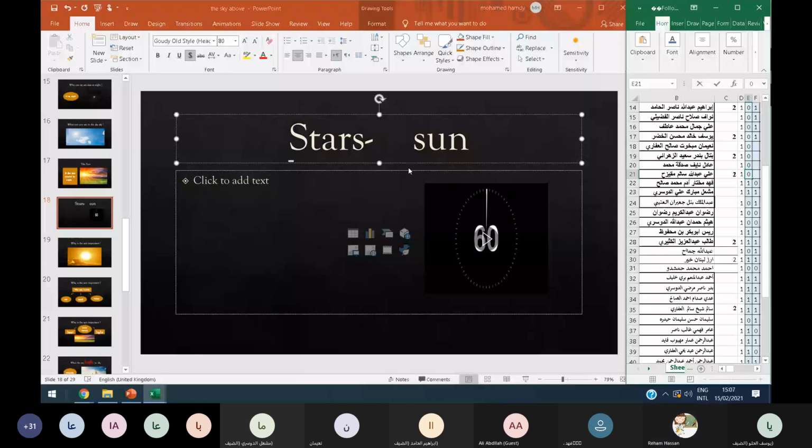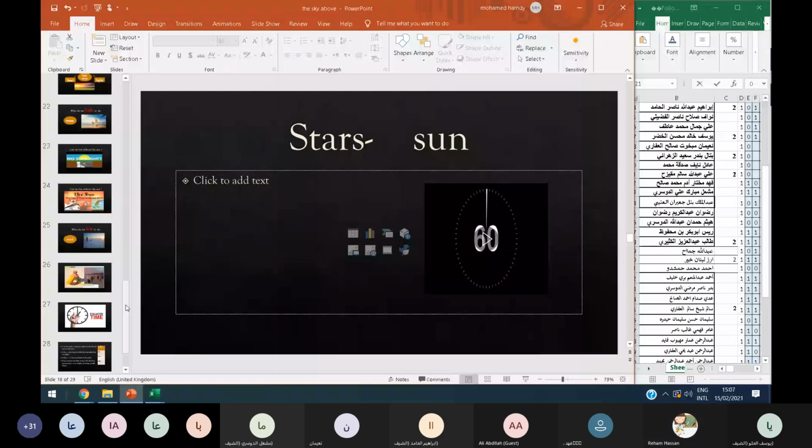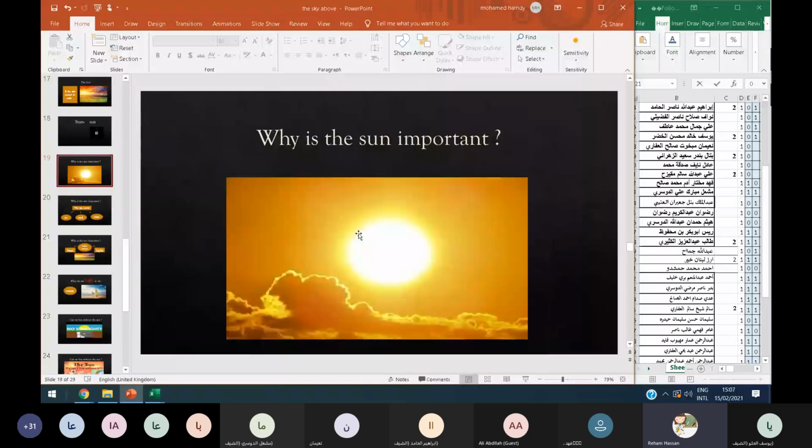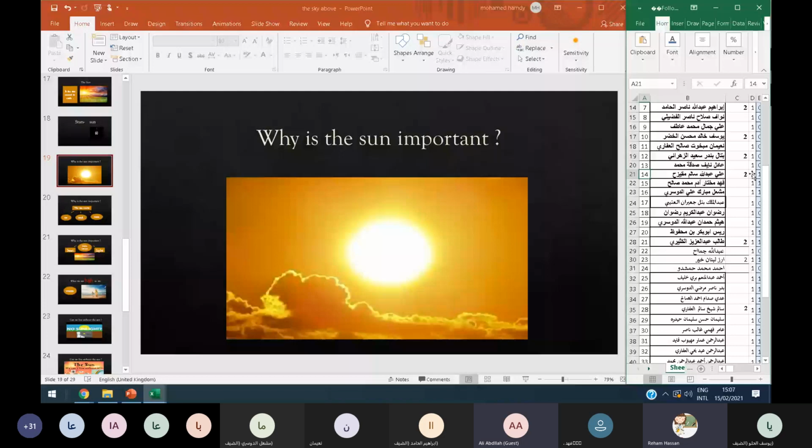Okay. And in the day sky, we cannot see other stars because the sunlight is so bright. Yes, Ali Abdullah? Why, Ali, can't we see other stars in the day? Yes, but why can't we see them in the day?